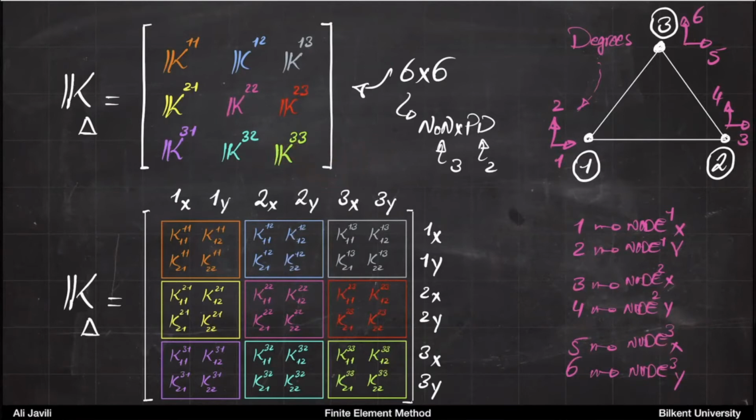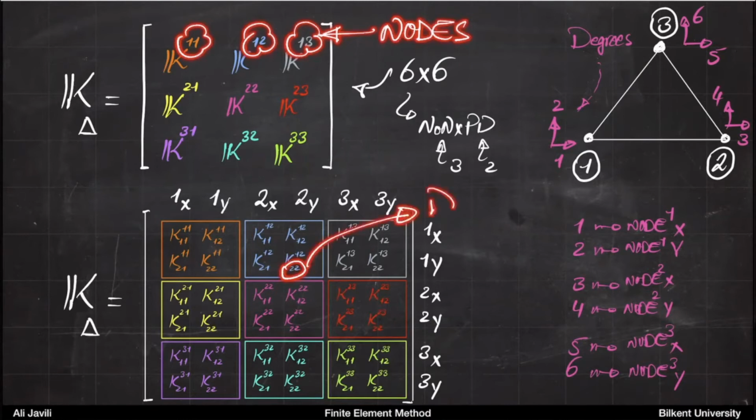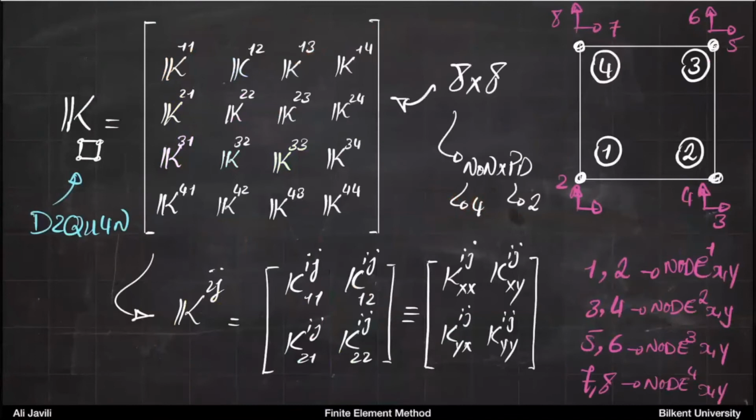Okay, so the superscripts, as always, if you remember from the beginning of the lecture, we said the superscripts are nodes and subscripts are directions. So direction 1 would be X direction. In this case, direction 2 would be Y direction.